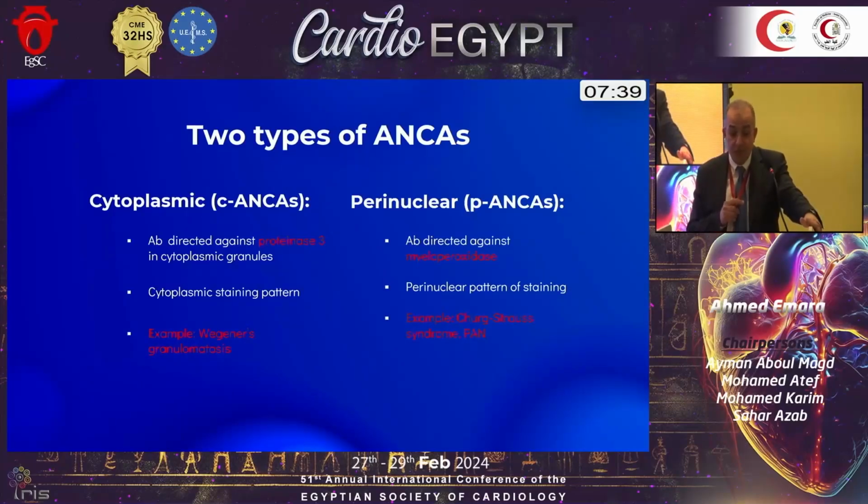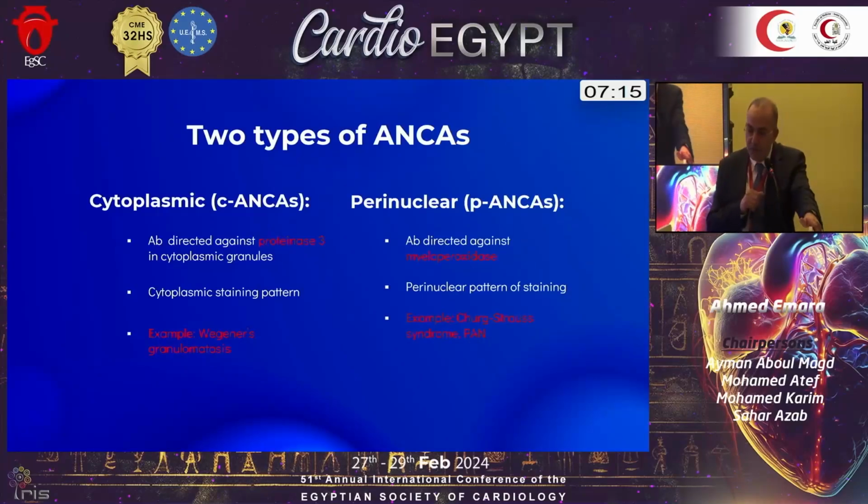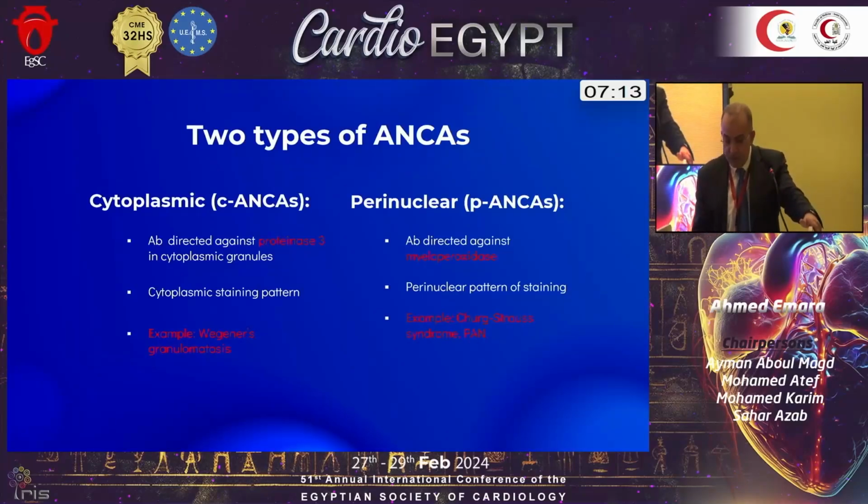Antibodies directed against proteinase 3 are the cytoplasmic C-ANCAs. The perinuclear target is myeloperoxidase, so antibodies directed against myeloperoxidase are called perinuclear or P-ANCAs. An example of C-ANCA is Wegener granulomatosis, and examples of P-ANCA are Churg-Strauss syndrome and polyarteritis nodosa.